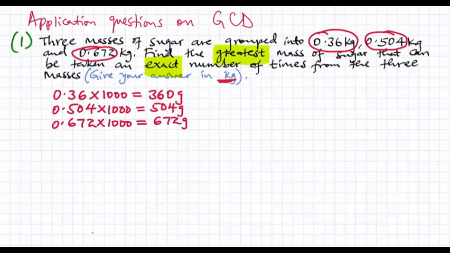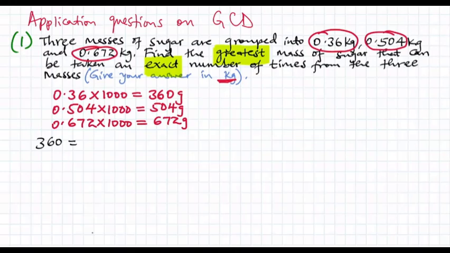grams. So at this particular point, what I'm going to do is to find the factors. I'm going to use the prime factor method to find the GCD, or the factors of each. So I'm going to write them in factor form. So for 360, I'm going to use my calculator to make my work easier.